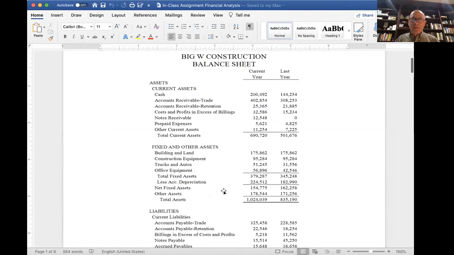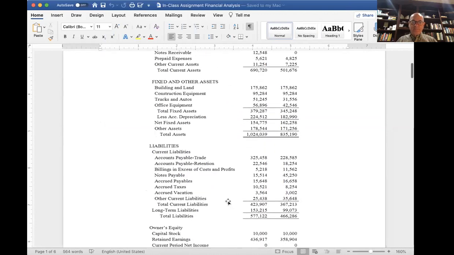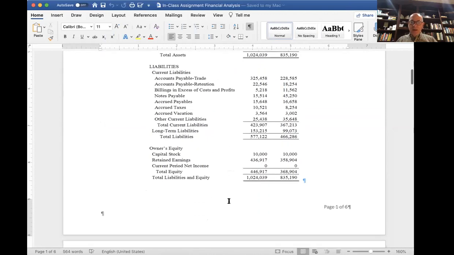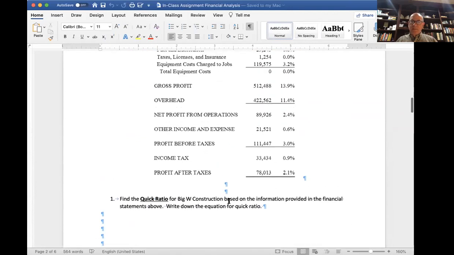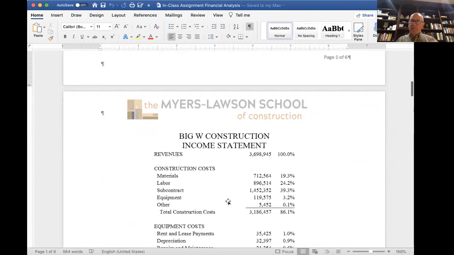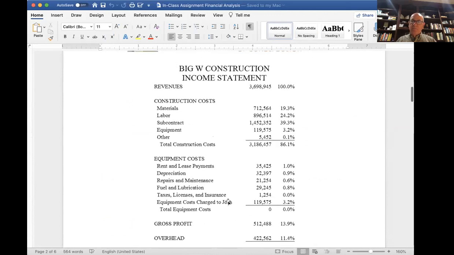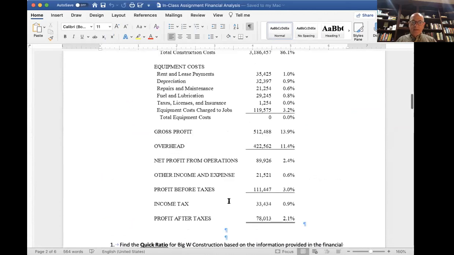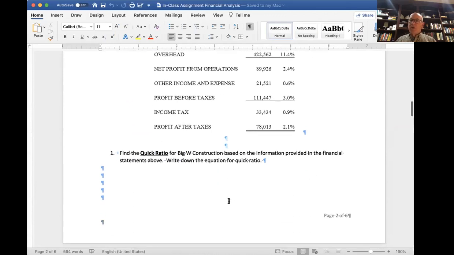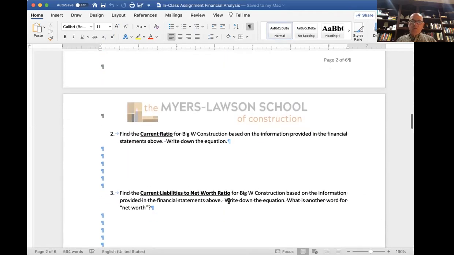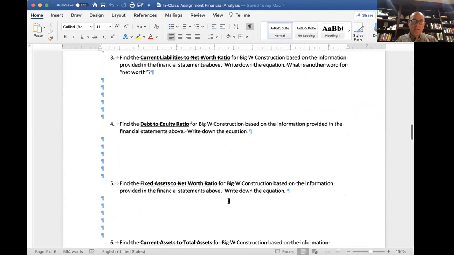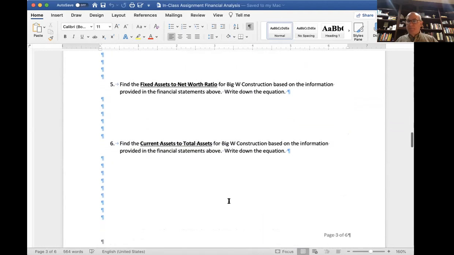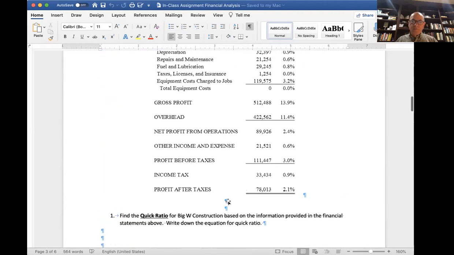I appreciate you being here. It's nice to see familiar names. Anyway, this was the financial statements, the balance sheet, and then the income statement for Big W. And then we were working on these ratios when we were so cruelly interrupted by the end of class time. So I'm going to polish this off.